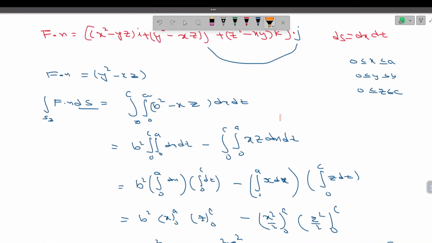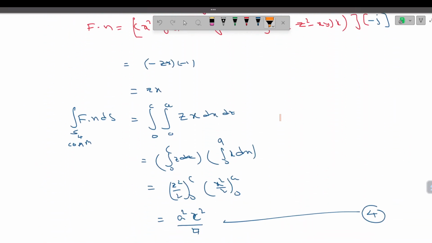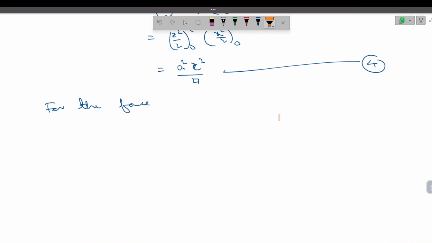But the order should be cyclic, clockwise or anti-clockwise. For the face CMPL, the unit normal is n equal to k and ds equal to dx dy by n dot k.